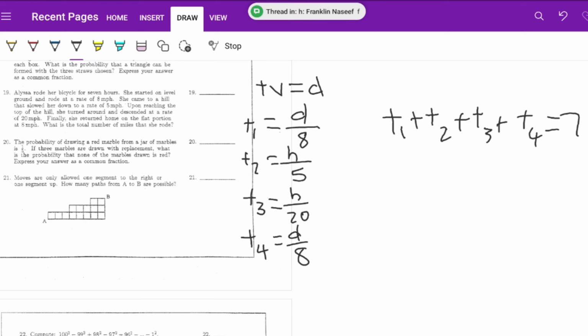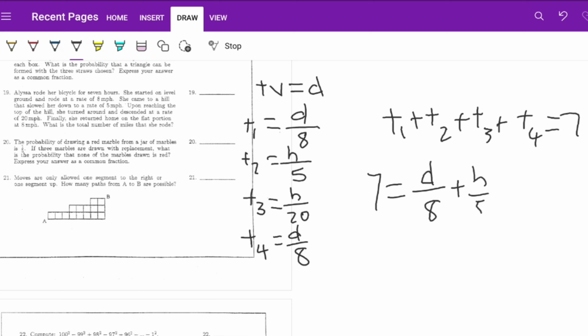That means we can set up an equation. 7 is equal to D over 8 plus H over 5 plus H over 20 plus D over 8. And then we can combine some of the variables.